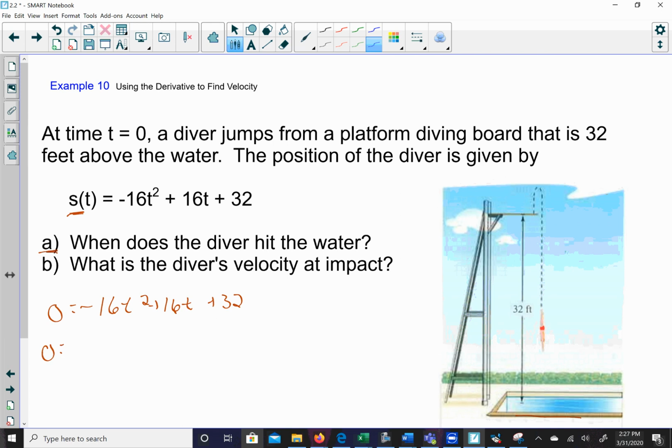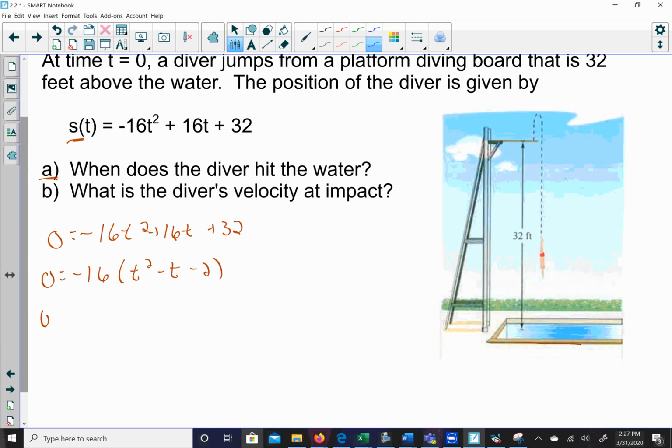I'm going to factor out a negative 16 because that makes my life easier. And I'm actually going to product sum. I wonder how many of you are actually product summing. So I'm going to have t minus 2, t plus 1 when I factor that. So I get t equal to positive 2 or t equal to negative 1. And remember, this is seconds.